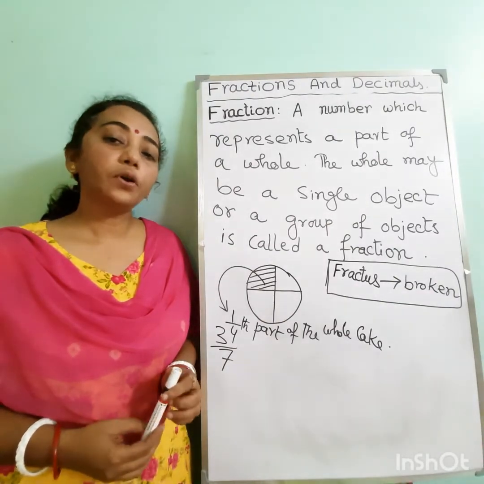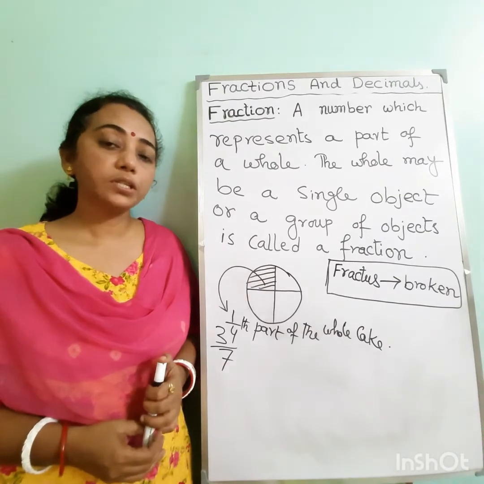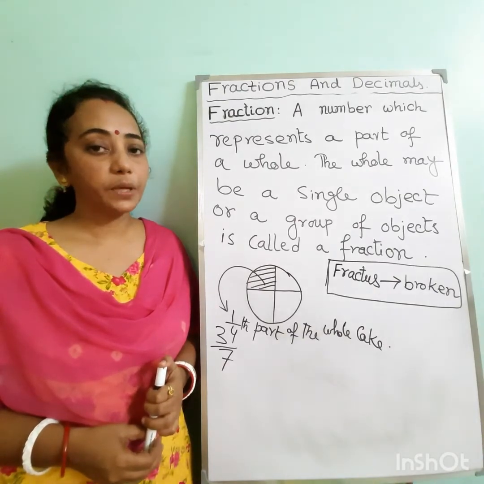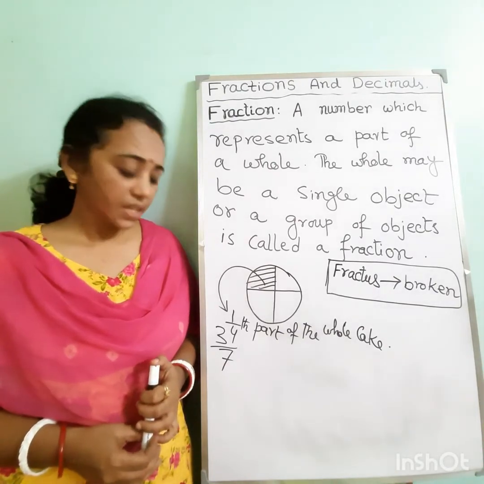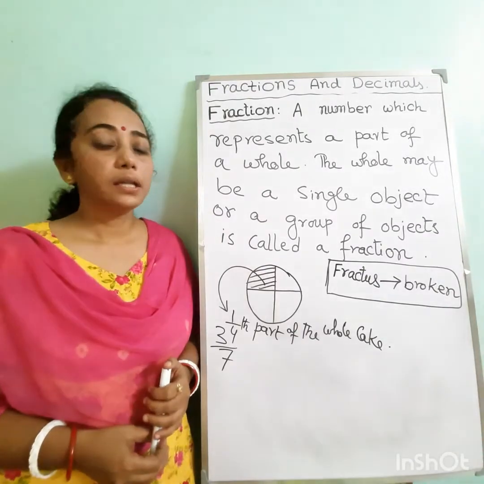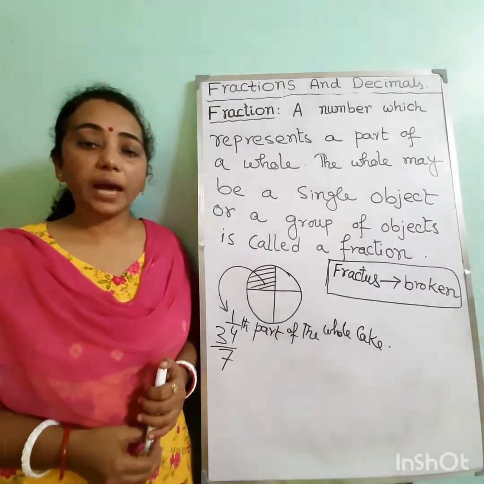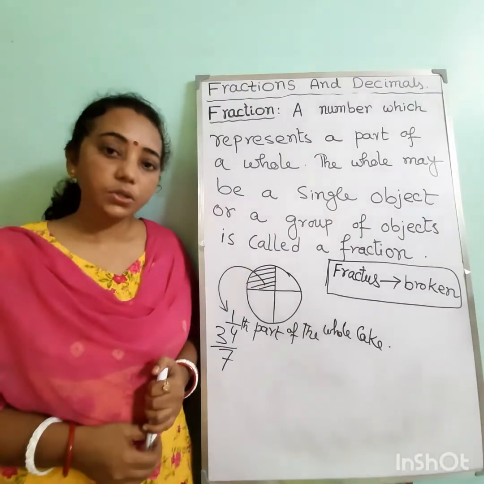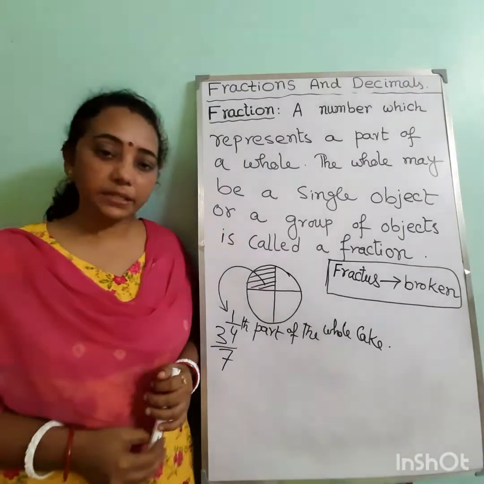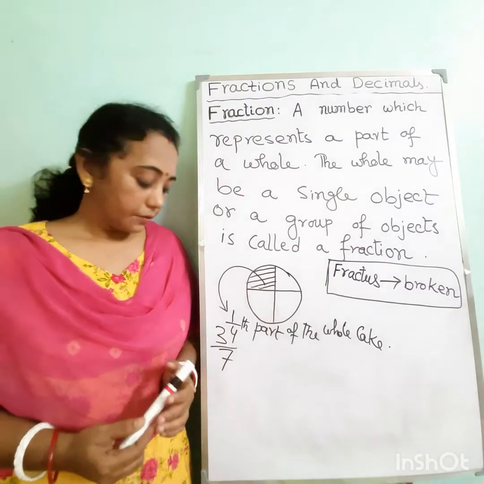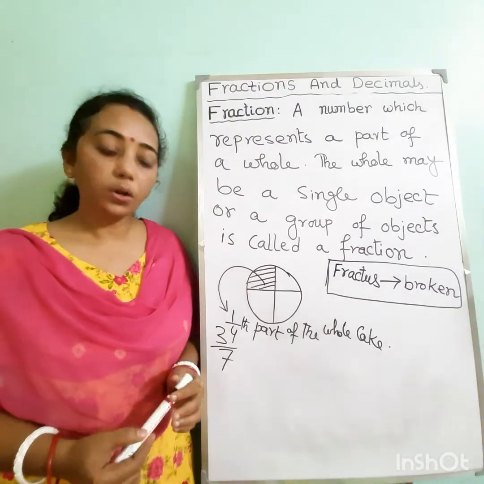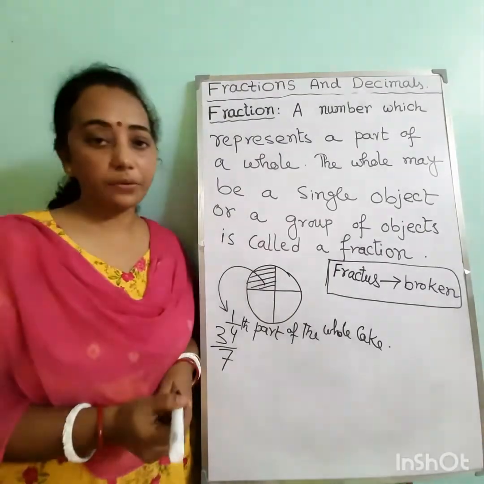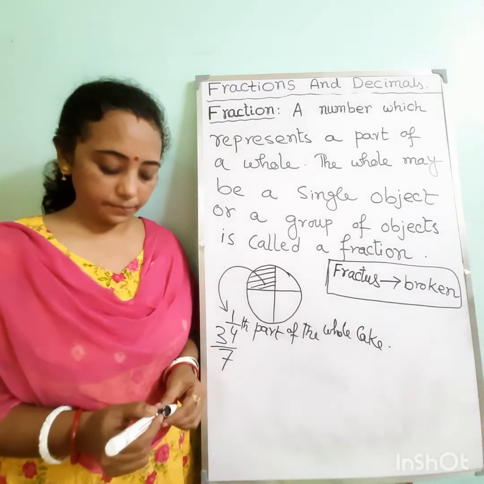It is the number of equal parts into which the whole has been divided. And here 3 stands for the number of equal parts which have been taken out. In the fraction 3/7, 3 is called the numerator and 7 is called the denominator.